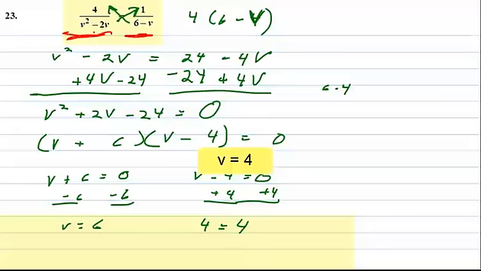Well, 6 squared minus 2 times 6. That's 36 minus 12, which is 24.